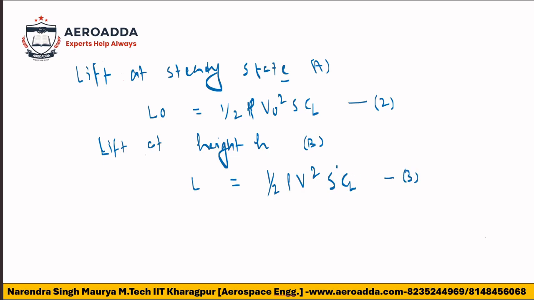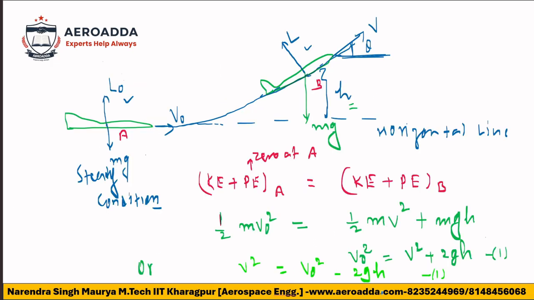Understand? So you take all three equations, 1, 2, 3. Correct? Just manipulate. You have calculated V square is nothing but V naught square minus 2gh. You just replace the value.